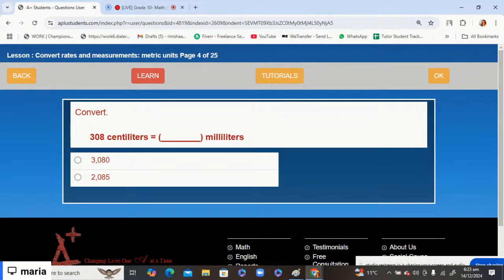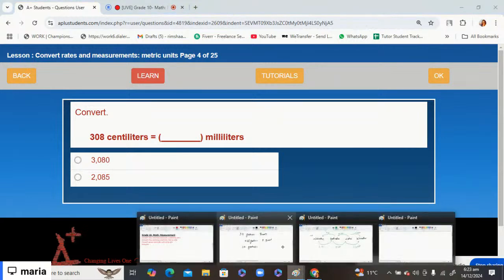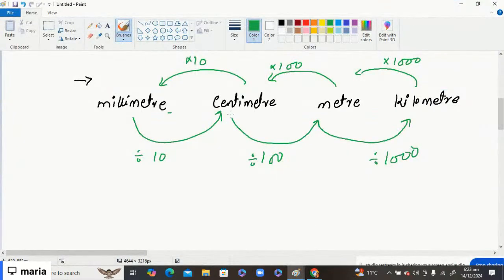Okay, so it's just a multiplication, multiply the volume by 10. Okay, so look at here. It's like centiliter, not liter.